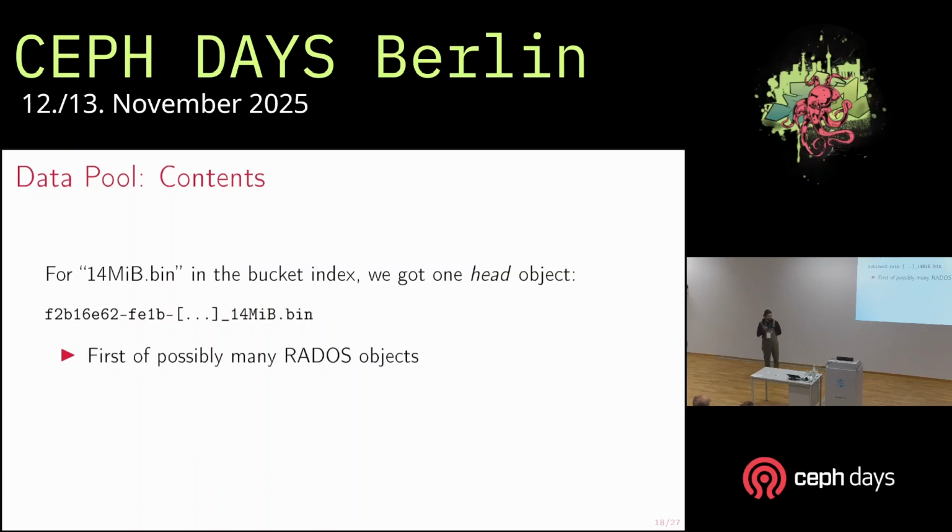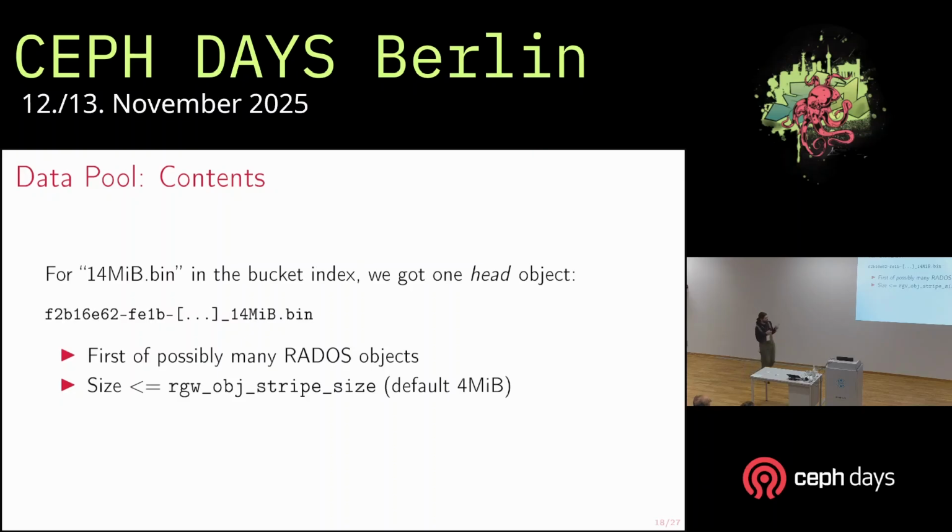But this is only the first of possibly multiple RADOS objects that represent one S3 object. Because there is striping, and this is the configuration option if you have ever seen that. It's by default 4 megabytes, I think, is still at the moment for Reef. But there are talks about increasing that.